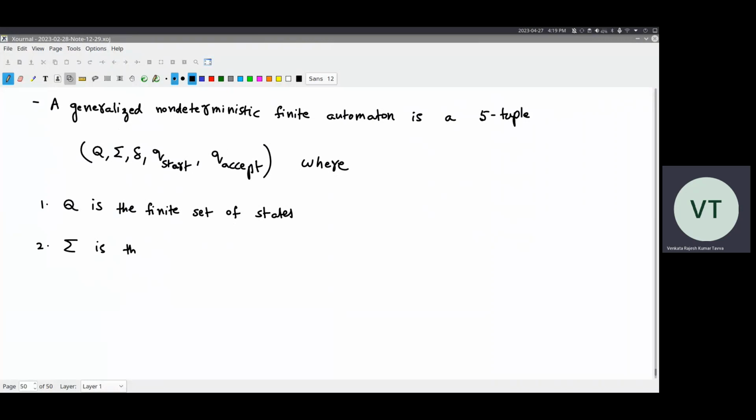Sigma is the input alphabet. And delta. So what will be the input and output of the transition function?